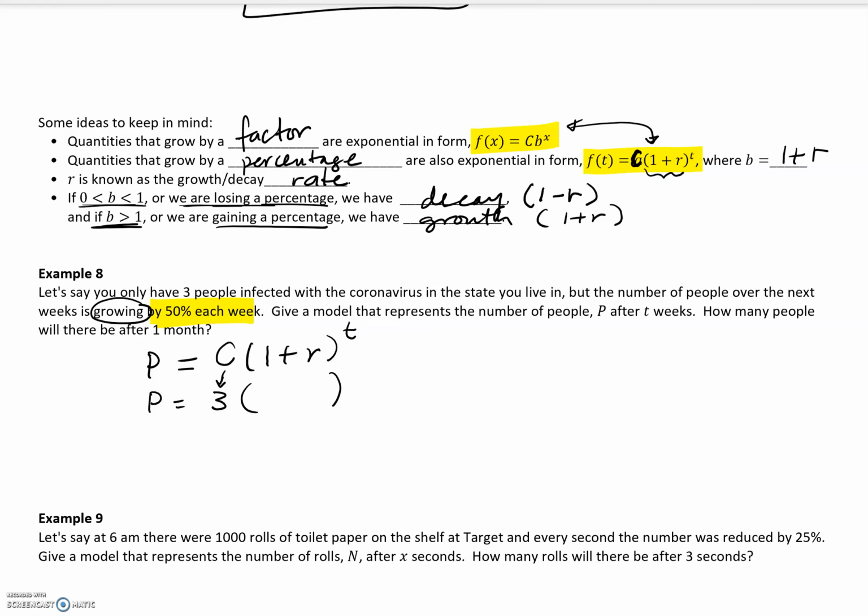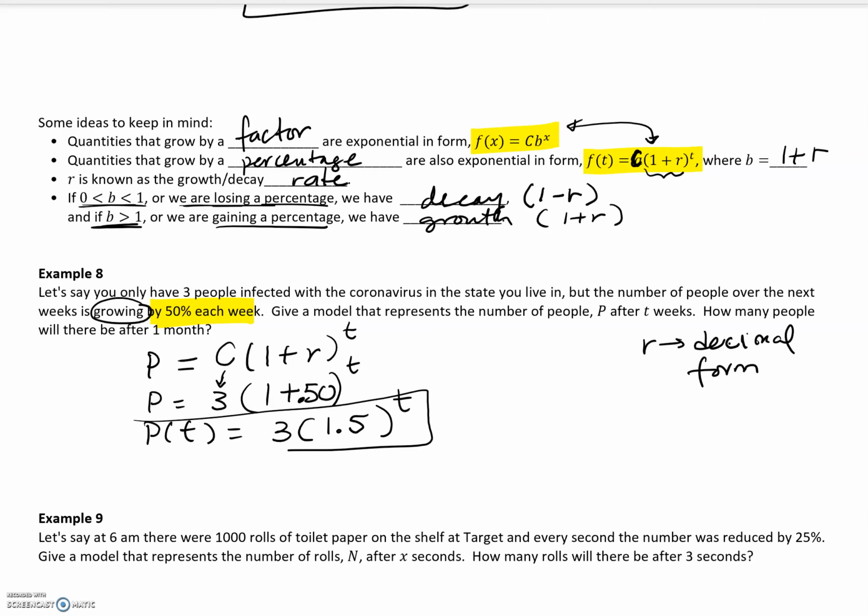And since I'm going up by 50%, that's 0.50 in decimal form. So percentages, you always put them in decimal form when you use them to do math with them, raised to the t, which means I have p of t ultimately equals 3 times 1.5 raised to the t as my equation.